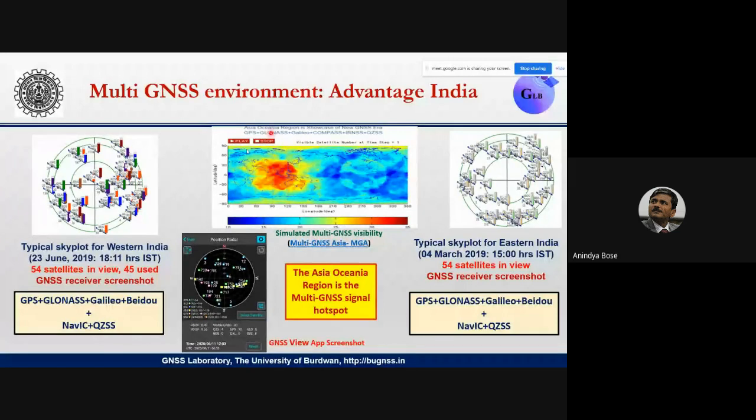Now, what did we get? This is the simulation. In 2019, from Western India, we are getting 54 satellites. Our requirement was getting 4 satellites, and now we are getting 54. From Eastern India, that is our place, once again, we are getting 54 satellites. On average, over the whole country, because of our typical geographic location, nearly 45 to 50 satellites would be available.